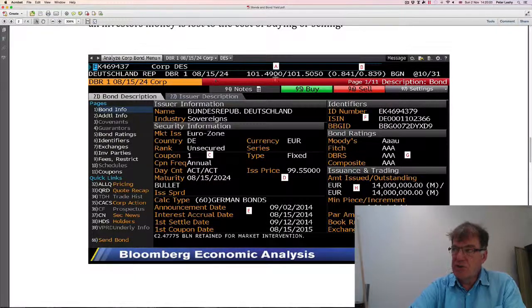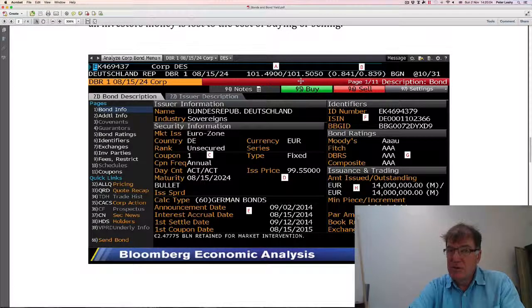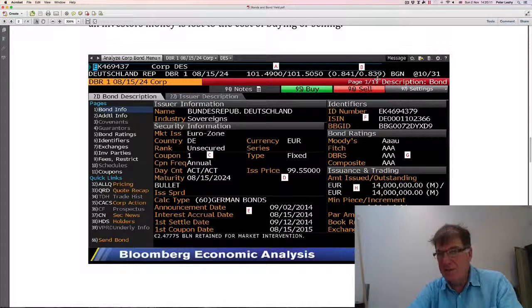I think it's logical as well to say that if the price you would be paying at the moment is above 100% of face value, then it is no surprise that the yield to maturity is a little bit less than the coupon rate of 1.